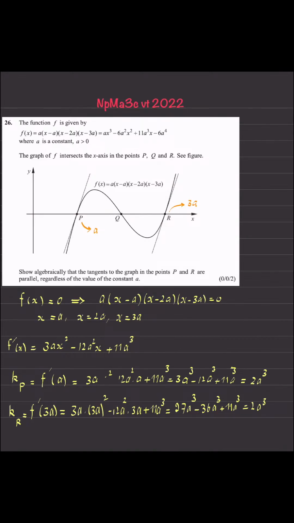And this means that the k value at point P is equal to the k value at point R. Both of them are equal to the same number, 2a cubed, yes? Okay, so this means that because these two lines have equal k values, they are parallel.